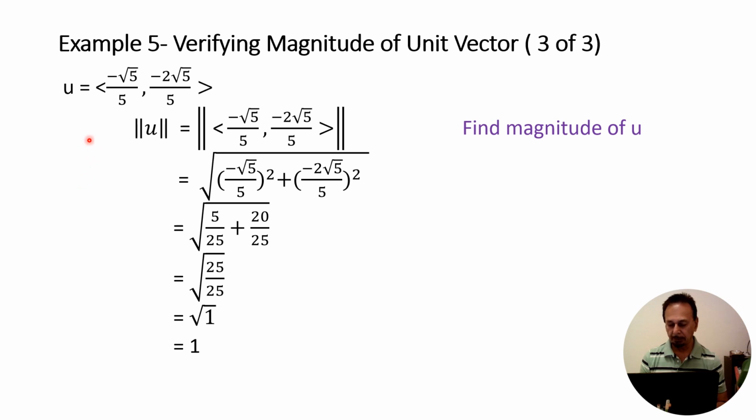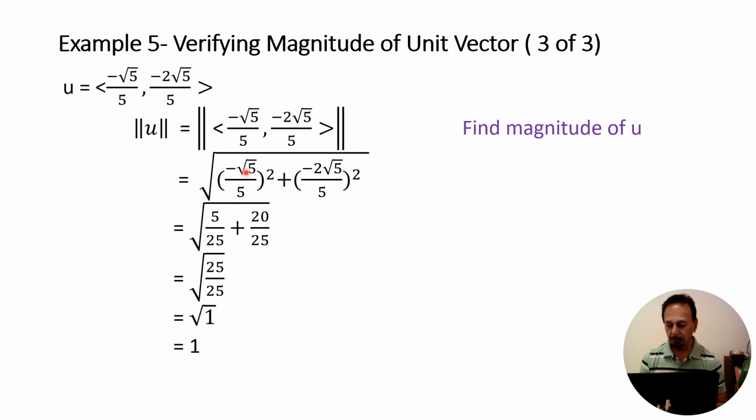So now we're going to find the magnitude of this vector u. According to the formula, all you have to do is square each component and take the square root. So it becomes square root of negative square root of 5 over 5 squared plus negative 2 times square root of 5 over 5 squared.